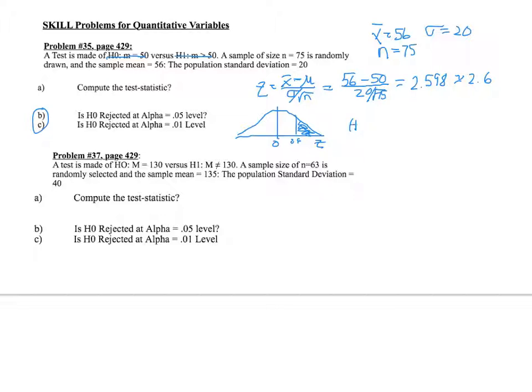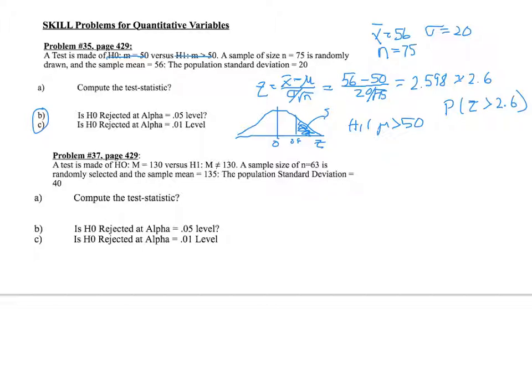Because H1 says mu is greater than 50, right? So if mu is greater than 50, we're looking for this particular area here. So the way this works is we're looking at the probability that z is greater than 2.6. But from the table, we can't look at it that way. We've got to look at it in the opposite way.